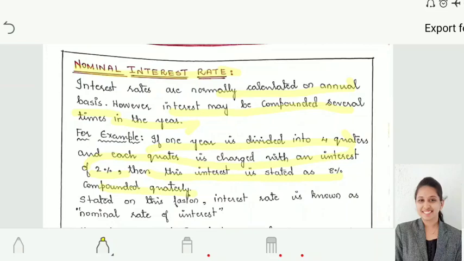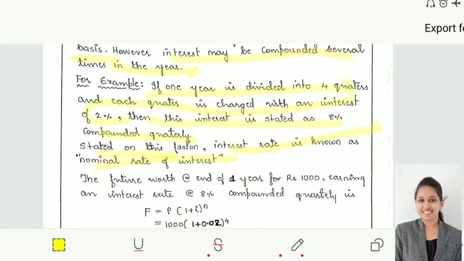Because it is 4 quarters, that means 4 times in a year at 2%, it will be 8%. Stated in this fashion, the interest rate is known as nominal rate of interest.